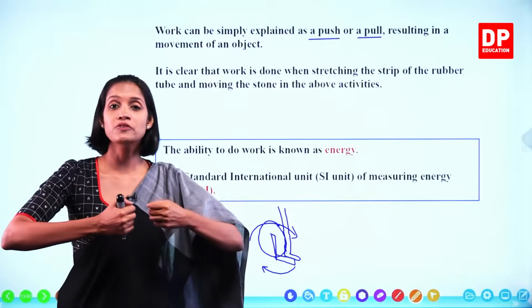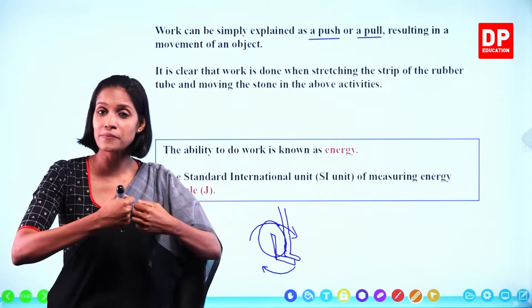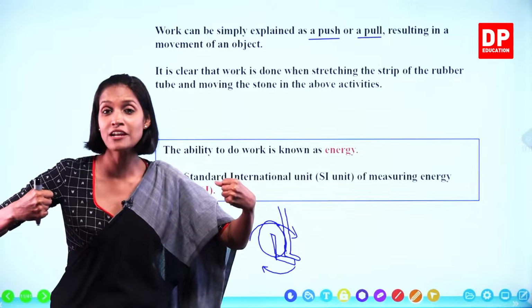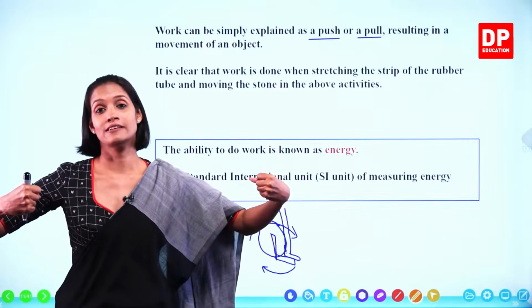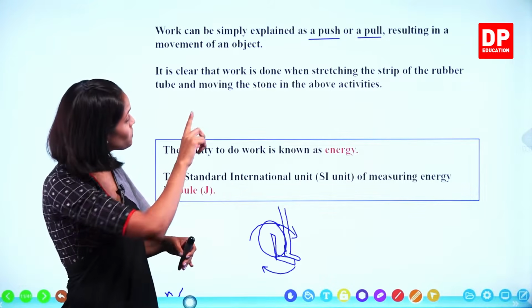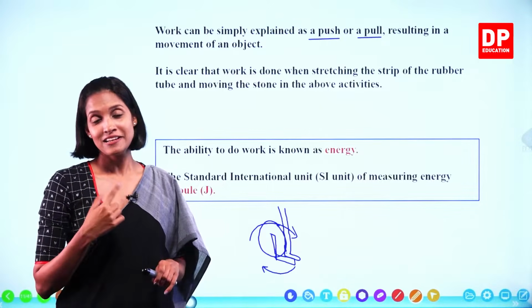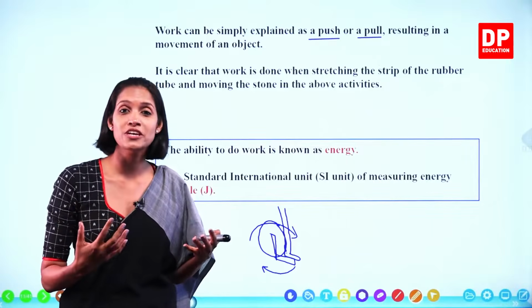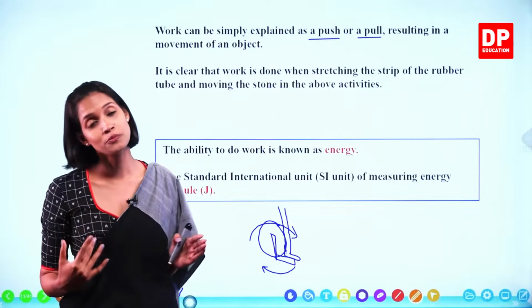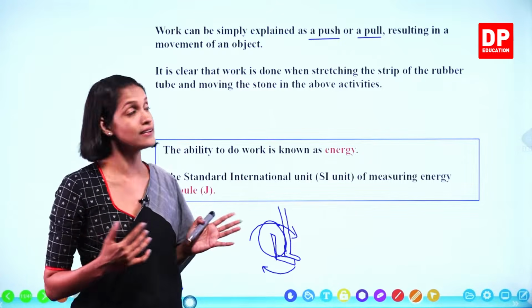Right, children? When you stretch the stretchy band, it is pulling, right? When you move the stone, you have to give a little push, that is pushing, right? So in order to move the object, you have to either push or pull, right? So work is done, okay?